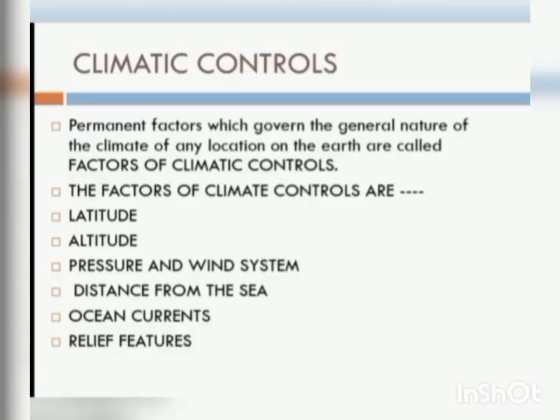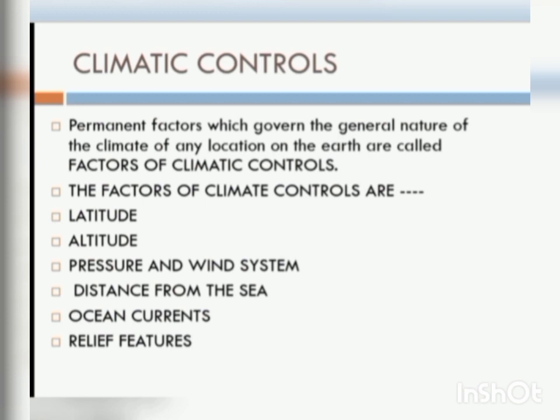Permanent factors which govern the general nature of the climate of any location on the earth are called factors of climatic control. The factors of climatic control are latitude, altitude, pressure and wind system, distance from the sea, ocean currents, and relief features. Let's see one by one.